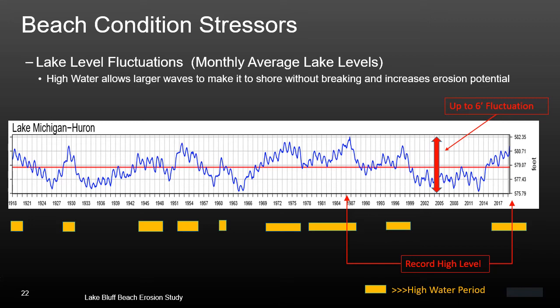The record high occurred in 1986, and we're actually very close to that, within inches at the present. You can see the yellow bars here are periods of high lake levels, and there's almost as many of those as black space, showing that we have the high levels almost as much as the lower levels.